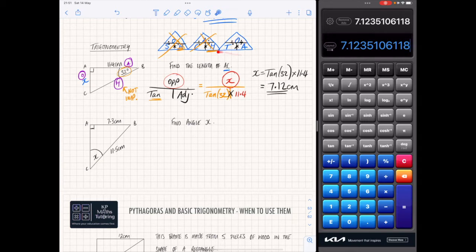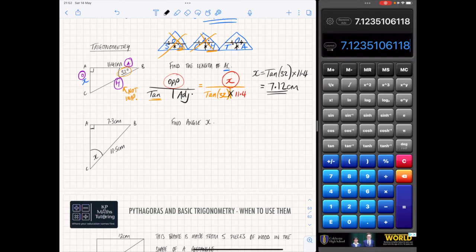And then tan is what I'm looking for, so I use this formula triangle. Tan of the angle in the bottom left, opposite goes at the top, the opposite in this case is x, and the adjacent goes in the bottom right, which is 11.4. And then whichever one of these three you're finding, you cover up. So I'm finding x, so I cover that up, and therefore I multiply them. If it turned out it was the adjacent in the bottom right I was looking for, I would do opposite divided by tan of the angle.